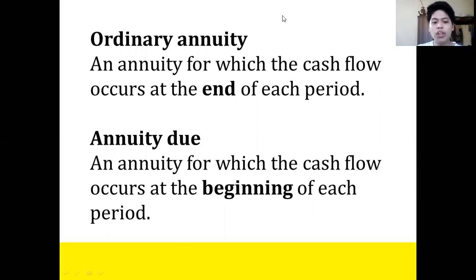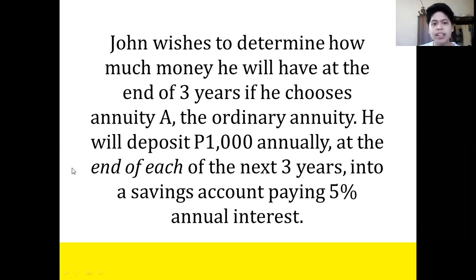So right now, let's have a problem solving. We will apply present value and future value if it is an annuity. Okay? John wishes to determine how much money he will have at the end of 3 years if he chooses annuity A, the ordinary annuity.